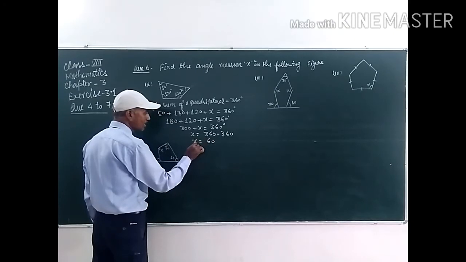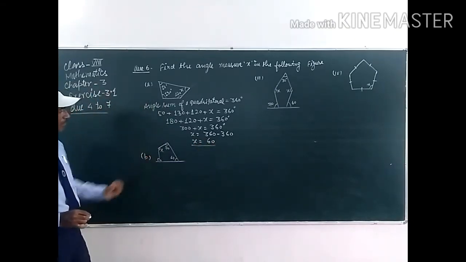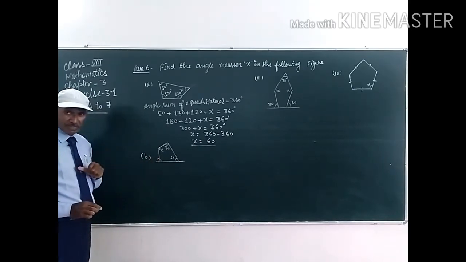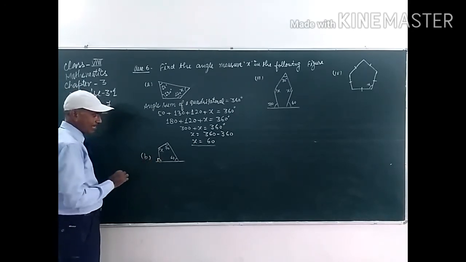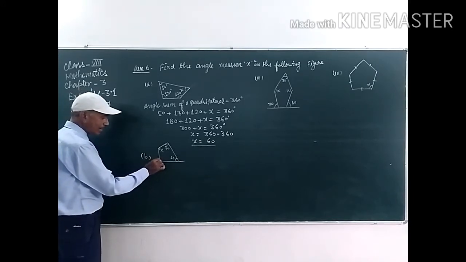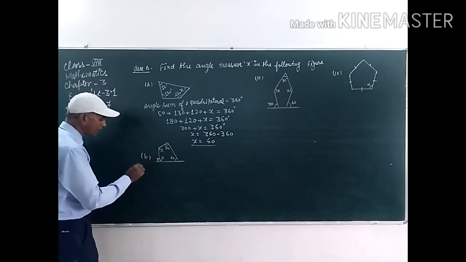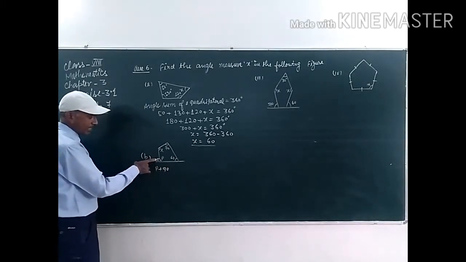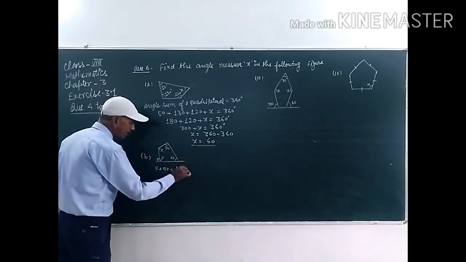The value of x is 60 degree in the first part of the question, and this one is second part, student. And here one angle is not given, and it is given that this angle is 90 degree. So this angle 90 degree plus this angle, these two angles are linear pairs. So suppose this angle is P, student. Clear? So P plus 90 degree, this means 90 degree, student. P plus 90 is equal to 180. Why?